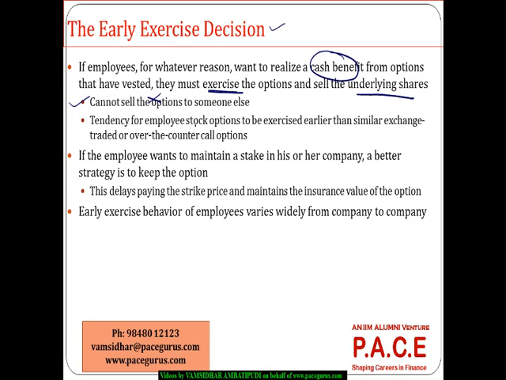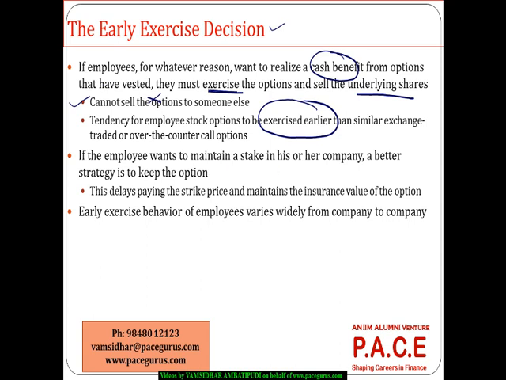So the tendency we generally see in the market is that people try to exercise the options earlier than what we see with exchange-traded or traditional over-the-counter call options. This is one significant difference between employee stock options and the traditional call options that are listed on the exchange or over the counter.